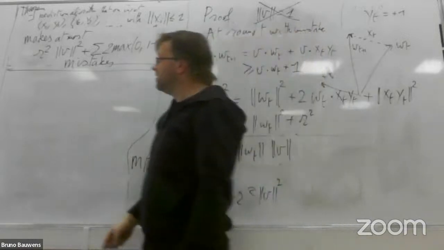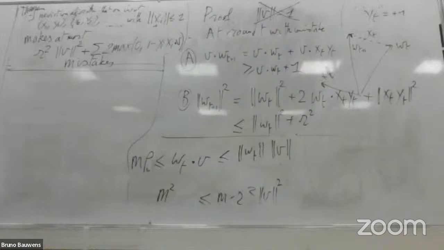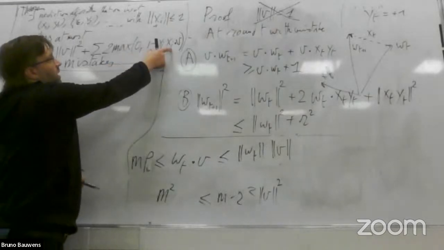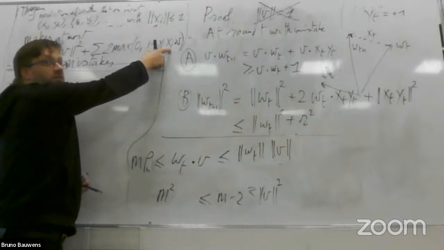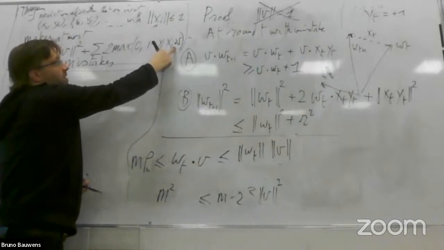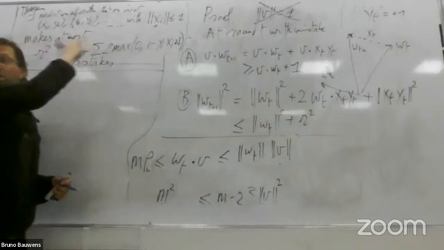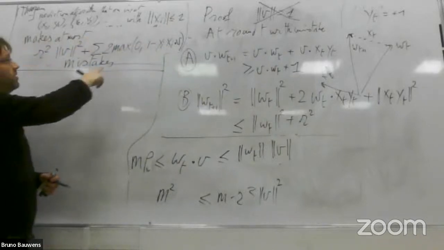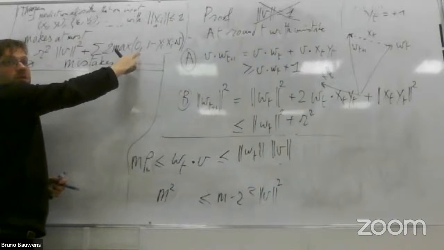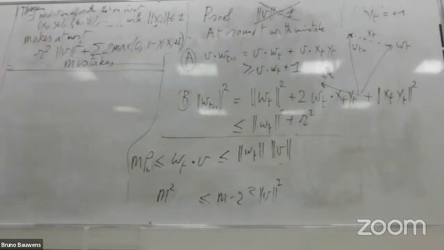So the theorem says, so there is a special case. In the previous version of the theorem, we had that this was always negative. The margin was always at least 1 in the formulation of the previous version. So this maximum was always 0. That's how we get the previous version.